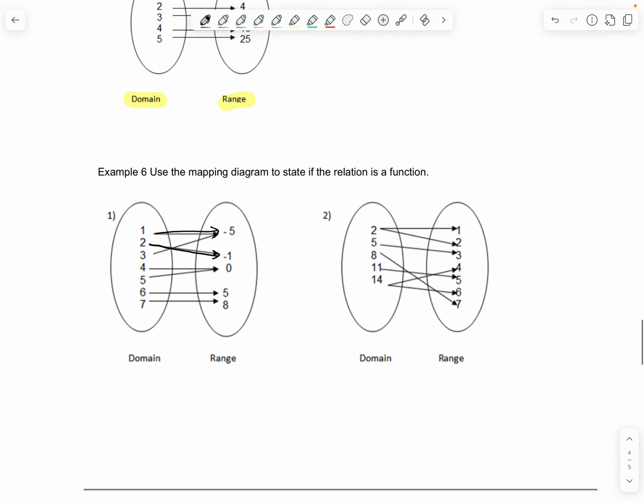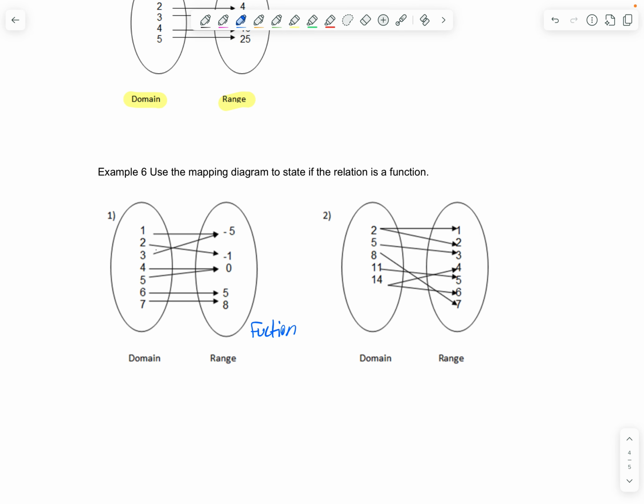Stemming out of this input of 3 is an output of -5. That's okay. Even though there's one output for different inputs, that's okay. The problem occurs when there's more than one output for a given input. So this actually turns out is a function, right?